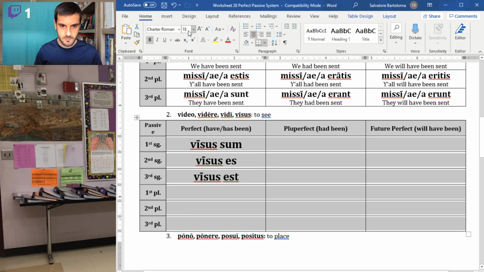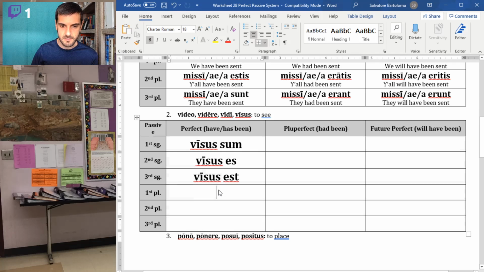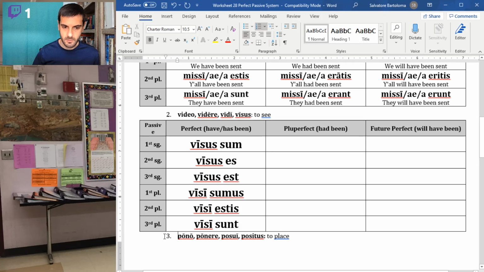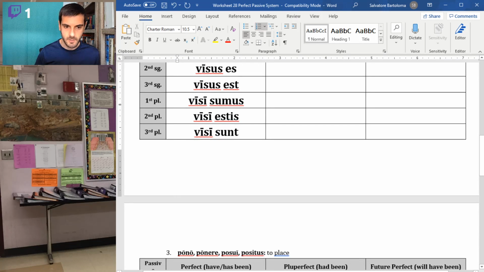Can I fit it? Yeah, there we go. So visus sum, visus es, visus est, and then when it becomes plural, we change it to visi sumus, visi estis, and visi sunt. And again, I just decided to do the first one masculine. I didn't give you any instructions, so no right or wrong way to do it for these.